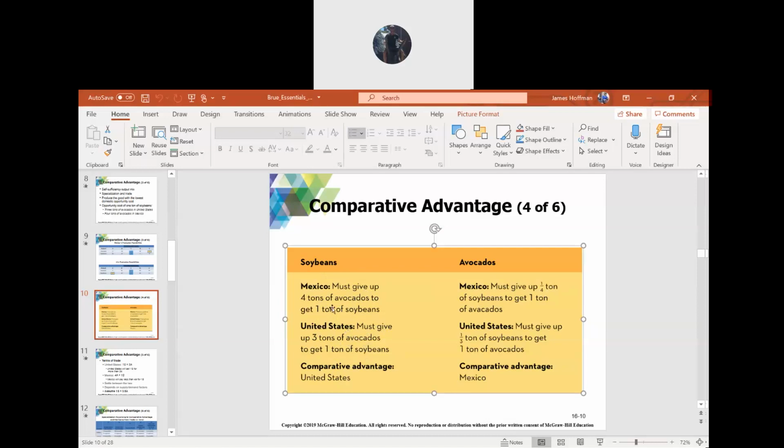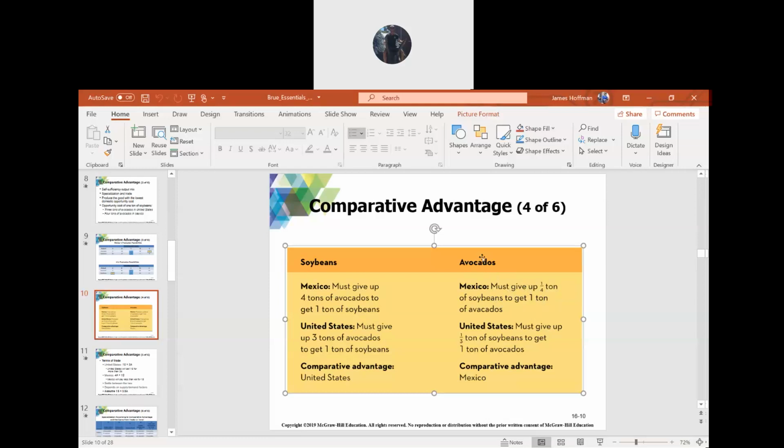Okay, so because the U.S. gives up fewer avocados, they have a comparative advantage, because they only give up 3 compared to Mexico's 4. All right, so the idea here is that the U.S. has a comparative advantage in producing soybeans. They're going to specialize in that and produce only soybeans. Now, it's going to work out that the other good is going to be produced by the other country, but just to go through the example.